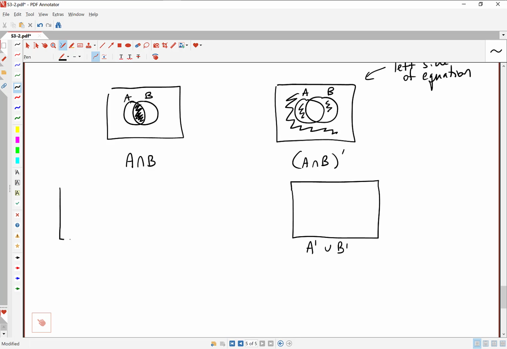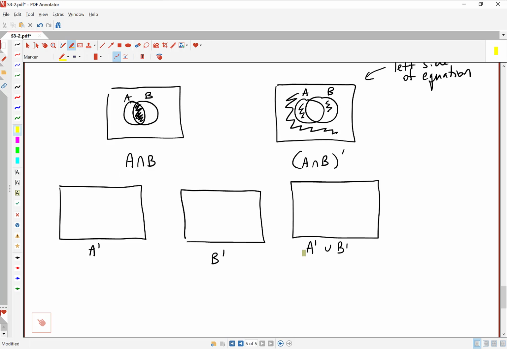So what I would suggest is maybe we draw a diagram for A complement, and then we do one for B complement. And then from there, we'll be able to have this A complement union B complement, and that's going to be the right side of the equation. So what we want to show is that the two diagrams that are highlighted here are equal. All right, so let's work towards that.